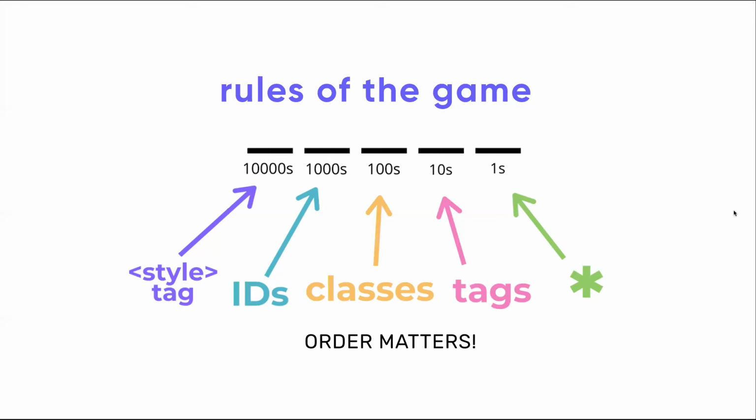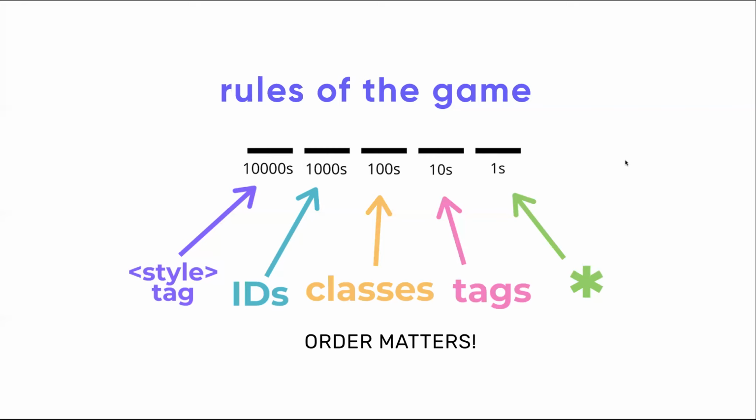I think she's asking if you have 10 classes versus an ID, like both of them will have the same point value. Oh, okay, yeah. So I think, okay, that is a great question. I've never encountered a time where you have 10 of the same class, or 10 selectors styling the same thing. This is a good question.